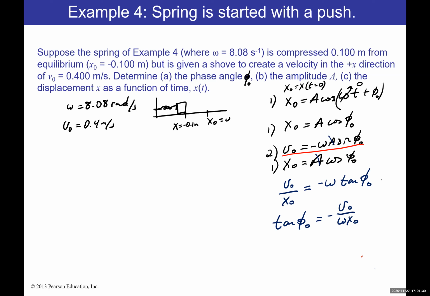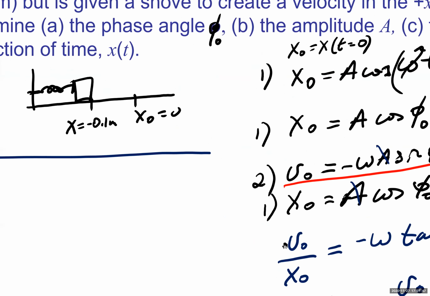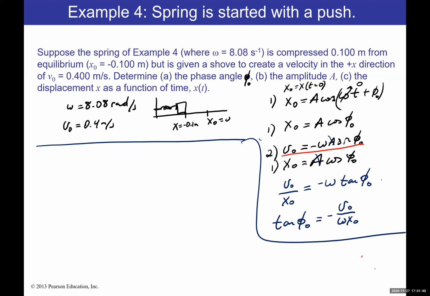And you can see from here I can already calculate what my tangent of phi is. Let's do it over here because we have more room. Tangent of phi naught equals negative 0.4 meters per second over 8.08 radians per second times negative 0.1 meters.